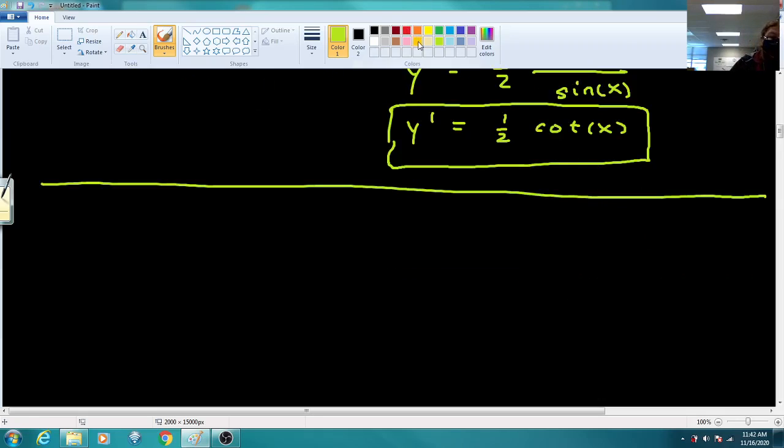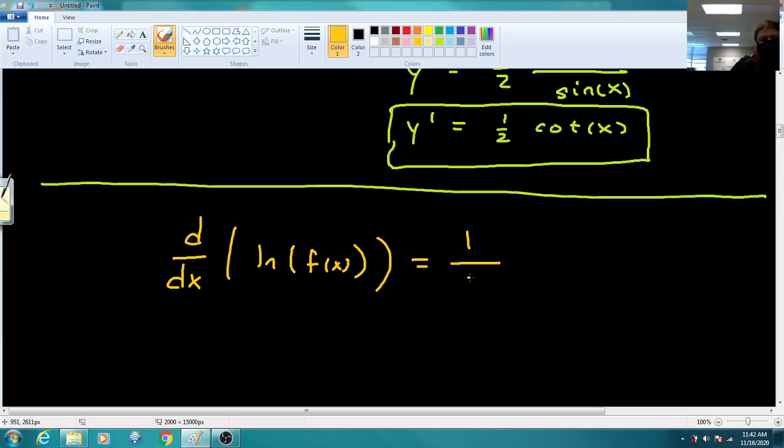They wanted us to also say, what if you tried to take the derivative of natural log of some function of x that you don't know? Well, natural log is the outer function. So it'll be 1 over the outer function left alone times the derivative of the inner function, which we could say is that.